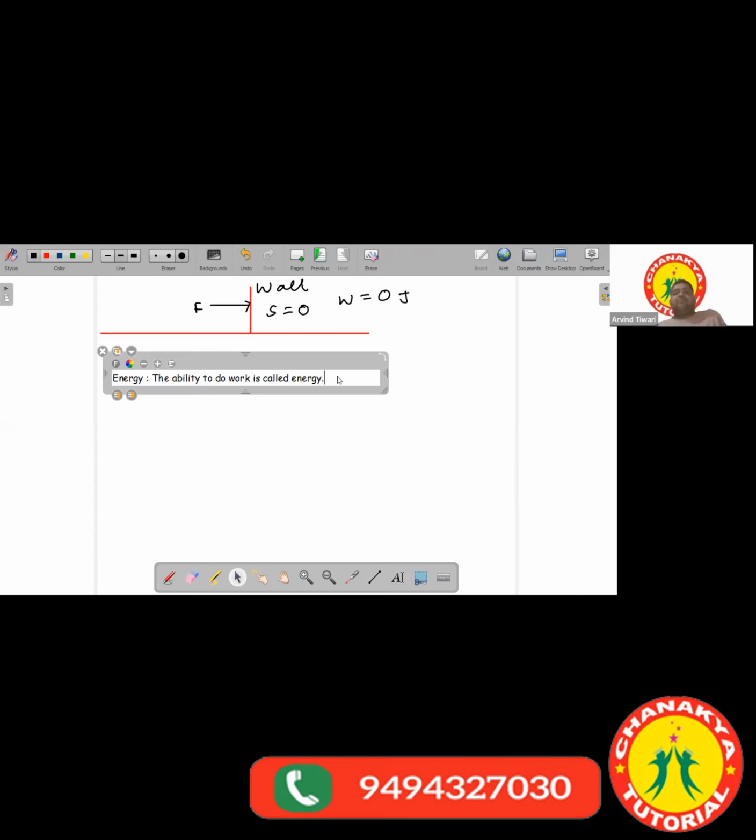Here, mainly we are interested in mechanical energy. In this context, we'll be mainly talking of mechanical energy.